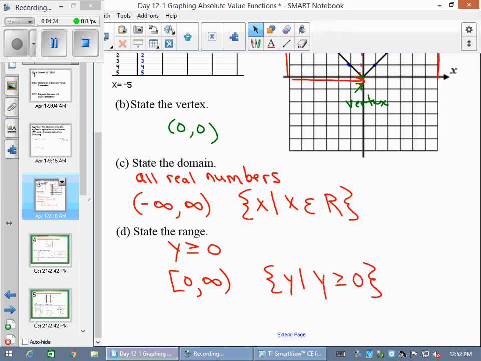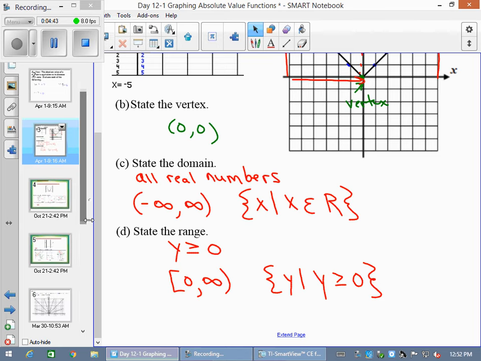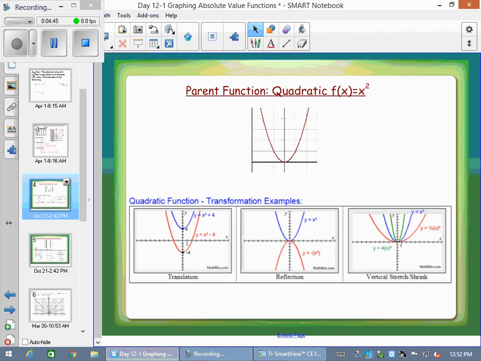Now let's talk about transformation of parent functions. You already know the rules to transform absolute value functions because we talked about the transformations of quadratics, and the rules are the same. So just to refresh your memory, if you take a look at this first picture here, when you're graphing a quadratic function, y equals x squared, your parent function, and then you have the function y equals x squared plus 4, that means there was a vertical shift up 4.